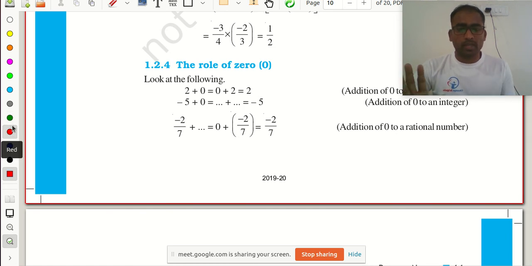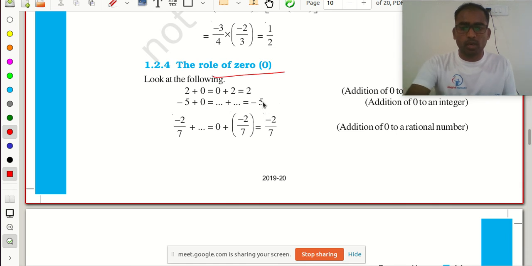Now, this is very important. We need to understand what is the role of 0 and what is the role of 1. Check here, in addition: 2 plus 0, minus 5 plus 0.